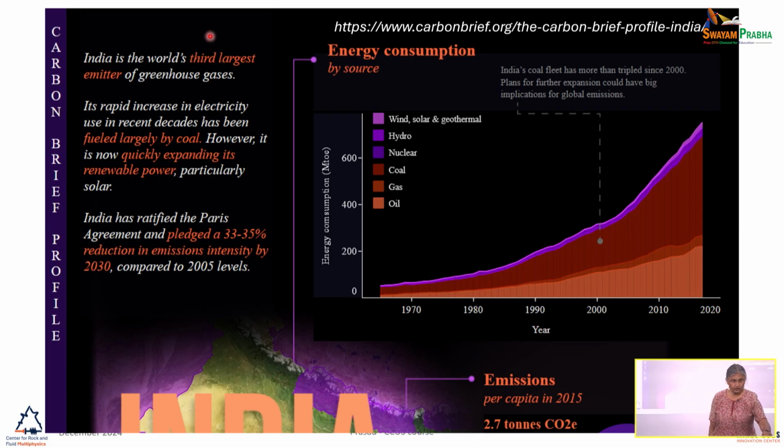What caught my attention was this statement right up top: India is the world's third largest emitter of greenhouse gases. And now, the last 3 days we've been talking about this and we didn't get to this point at all. So I started digging a little bit more into data. I'm sorry I got a little bit sidetracked, but I think this is really interesting and key to how we look at data.